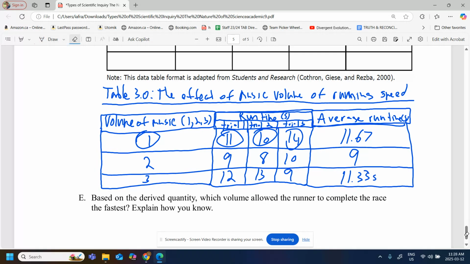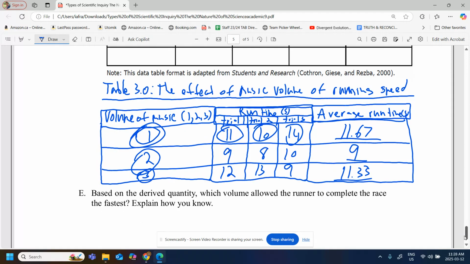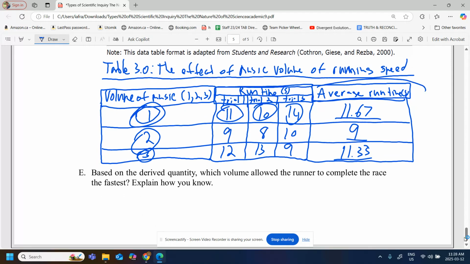So notice that volume 3, the loudest, was 11.33 seconds to complete the race. Volume 1, the lowest, was 11.67 seconds to complete the race. And volume 2 was 9 seconds to complete the race. So based on our average run time, based on the derived quantity, which volume allowed the runner to complete the race the fastest?